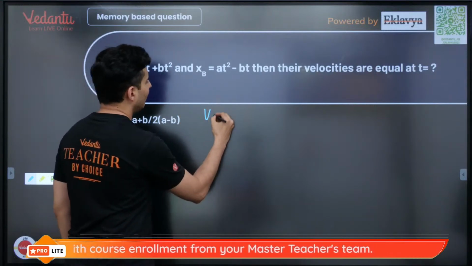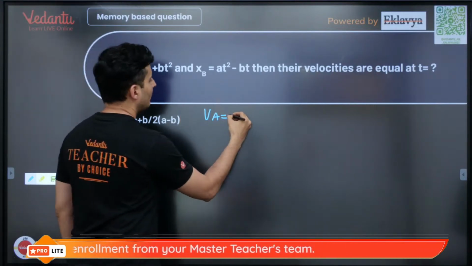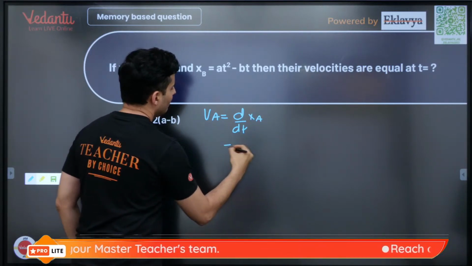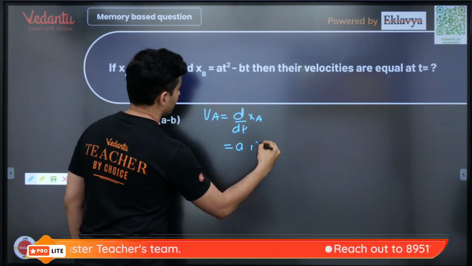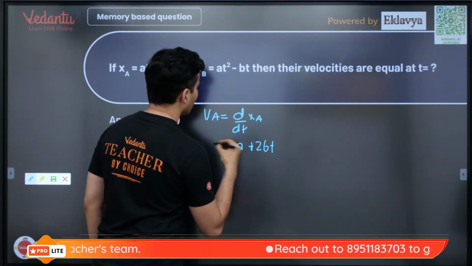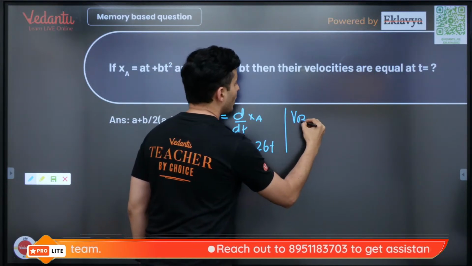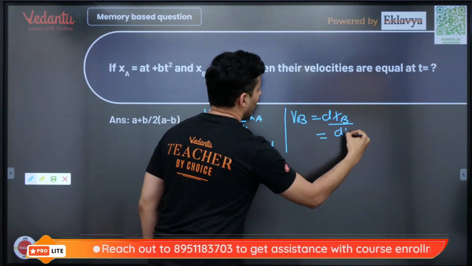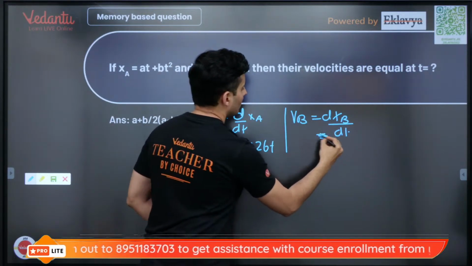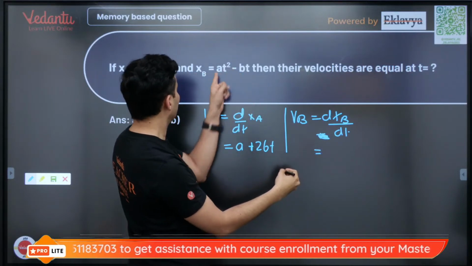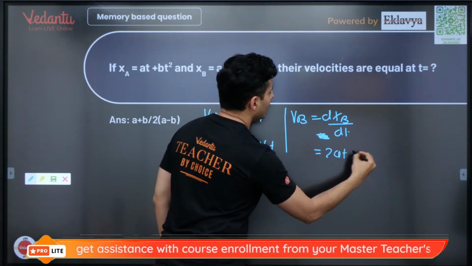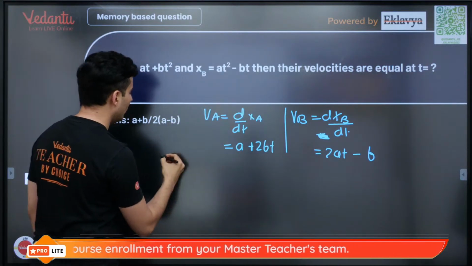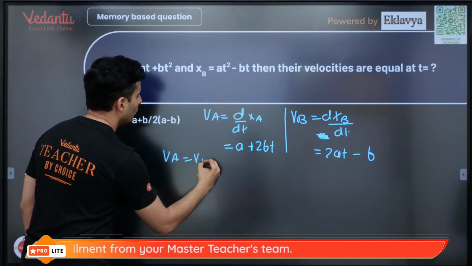So you just find the velocity of particle A. It will be the derivative of the position of A, which is nothing but A plus 2bt. Similarly, the velocity of B will be the derivative of the position of B with respect to time, which is 2at minus B. Now as per the question, their velocities are equal, so VA equals VB.